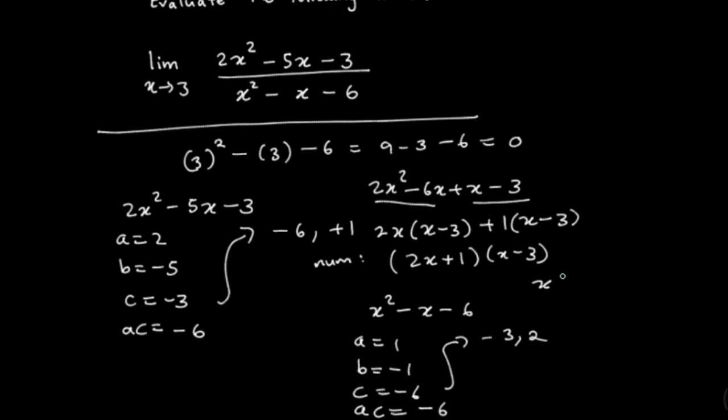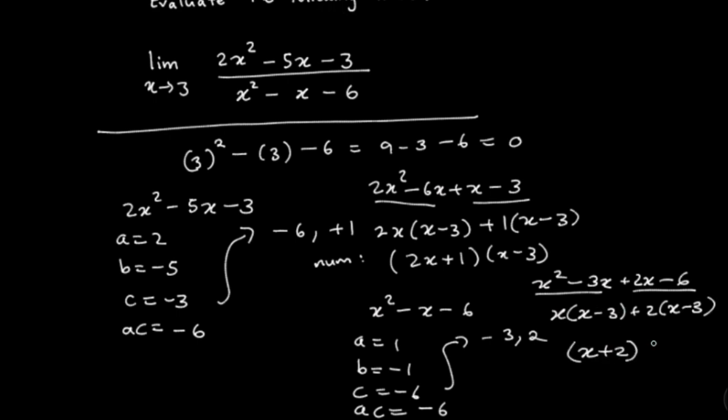I'm going to replace the middle term with those coefficients. And if you need some factoring help, be sure to look at some of my previous videos on factoring quadratics, because this stuff is a fundamental concept that you should understand. So you have x plus 2 times x minus 3, and that's the denominator.